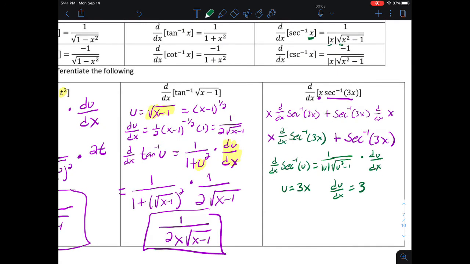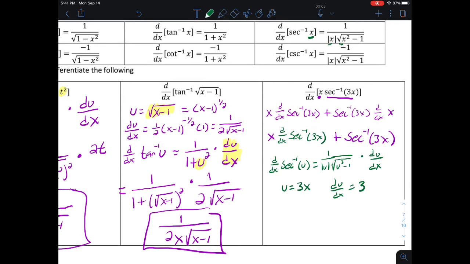And then you can put all that in and say that the derivative of inverse secant of 3x is equal to 1 over the absolute value of 3x times the square root of u squared, which would be 9x squared, minus 1, times 3. All of that, when I simplify it, goes right there in green.